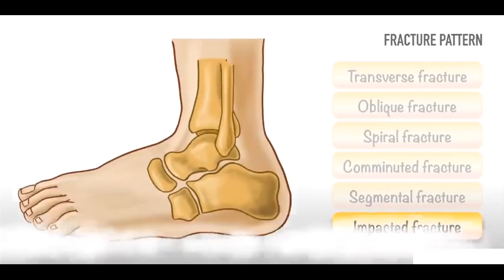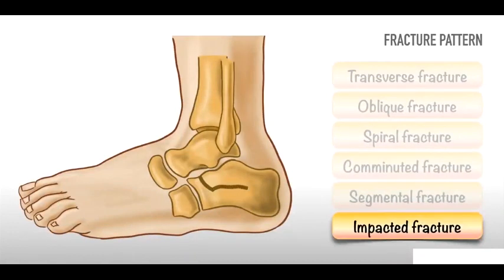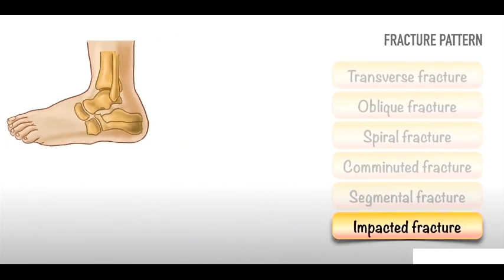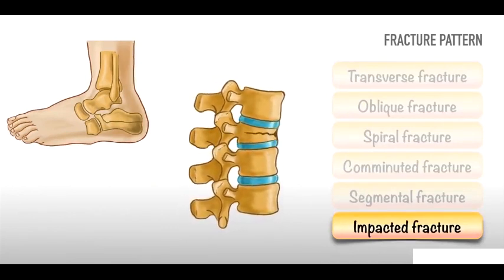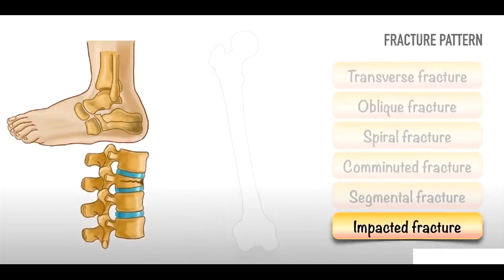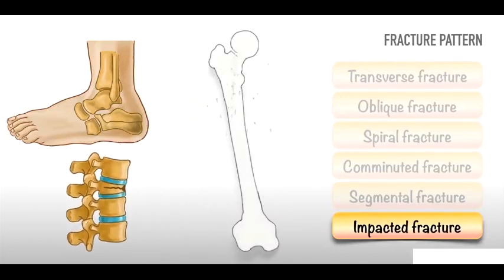6. Impacted fracture. Impacted fracture occurs when the bone faces compression. A typical example of this will be a depressed fracture in the calcaneus when someone falls from height, or vertebral compression of the spine, and could also be an example of valgus impacted fracture at the femoral neck.